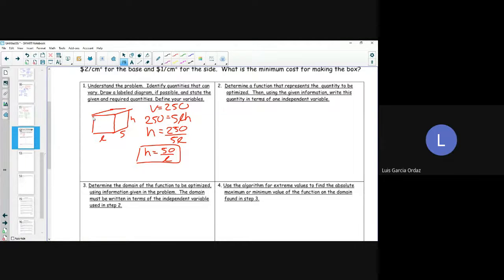Surface area. Perfect. So we know h is equal to 50 times L. So I need to find my surface area. So the total cost, which is my surface area, is equal to the cost of the base plus the cost of my sides.